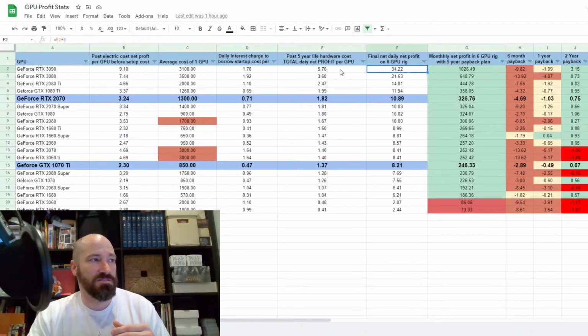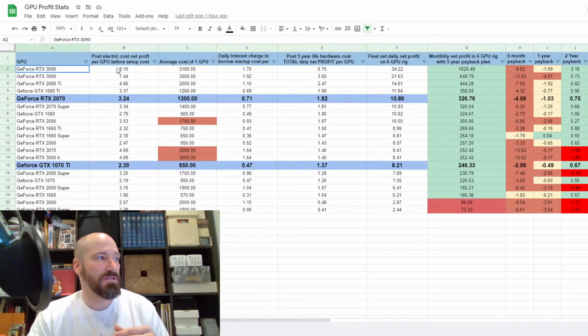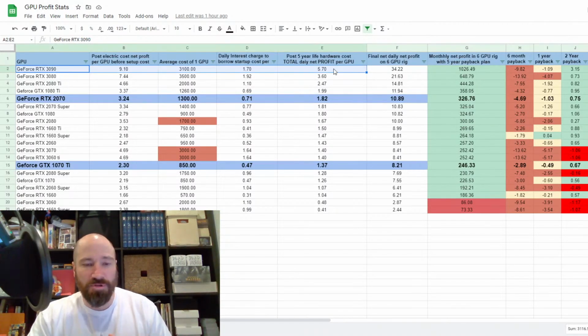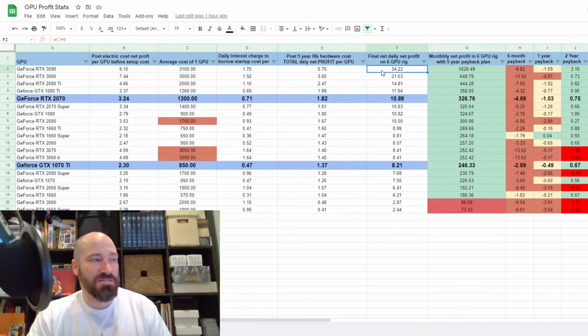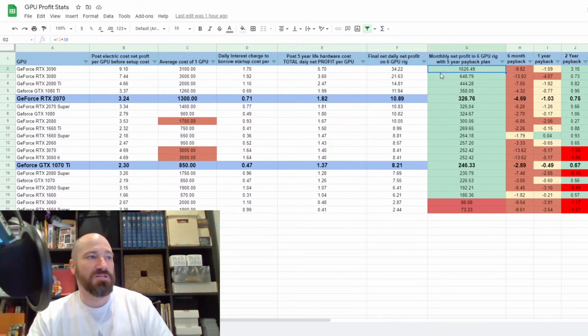This is for one GPU daily. The daily return on a 3090, I'm putting at $5.70 times 6 in a 6 GPU rig, $34 a day, and then in a month, $1,026.49.